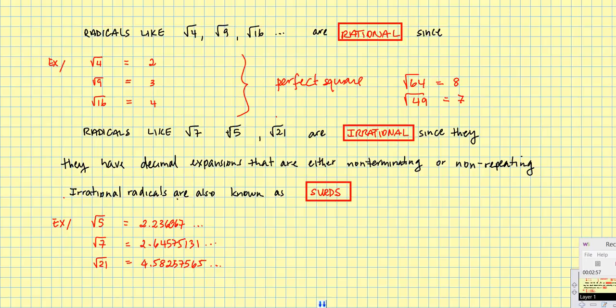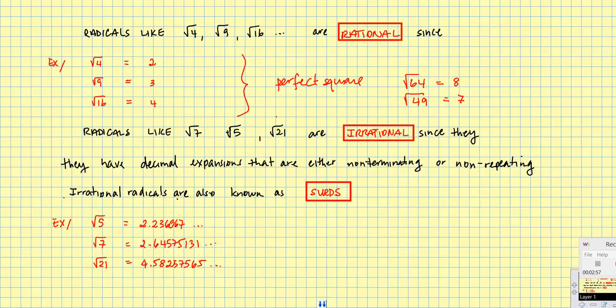So the square root of 64 or the square root of 49, which are 8 and 7 respectively, tell us that they are rational numbers. But radicals like the square root of 7, or the square root of 5, or the square root of 21, are considered irrational because they have decimal expansions that are either non-terminating or non-repeating.